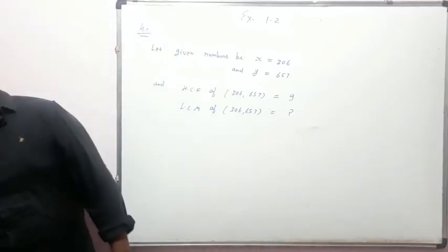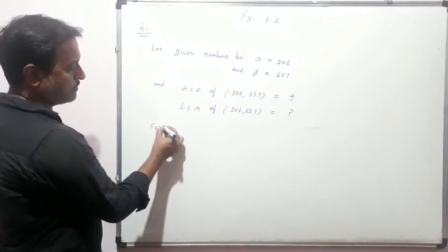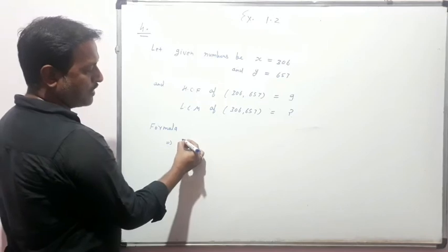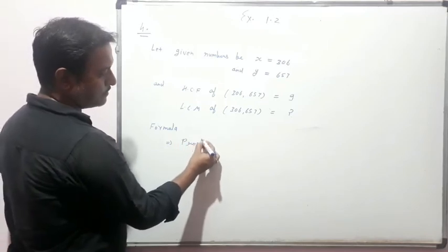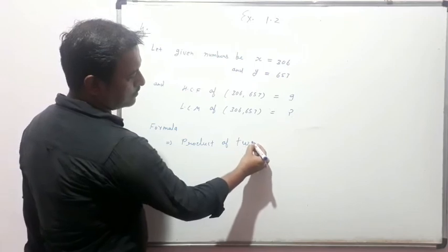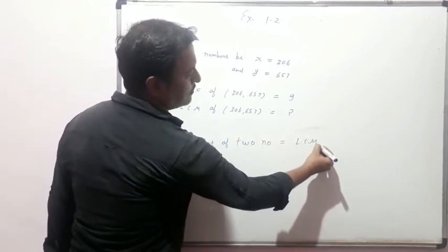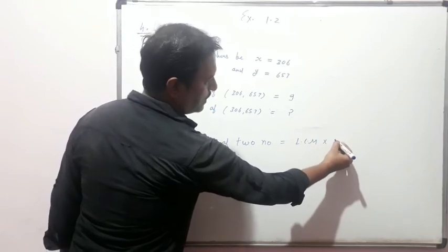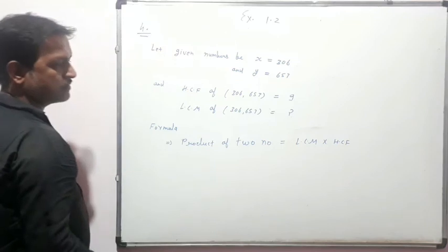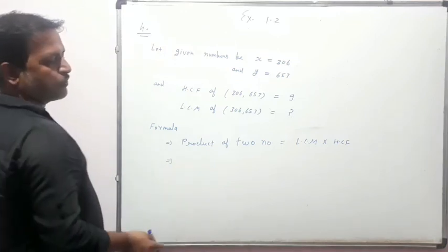So similarly what do we do, we put in the formula. What is your formula? The formula is the product of two numbers is equal to LCM into HCF of the two numbers. So the product of two numbers.